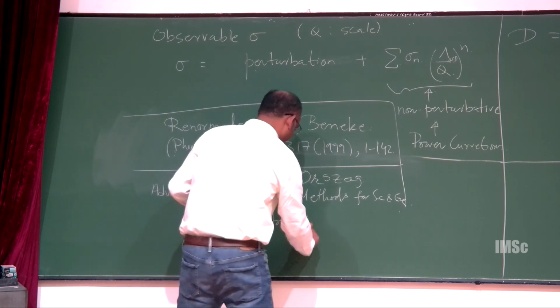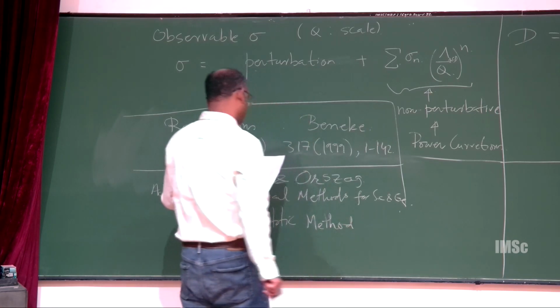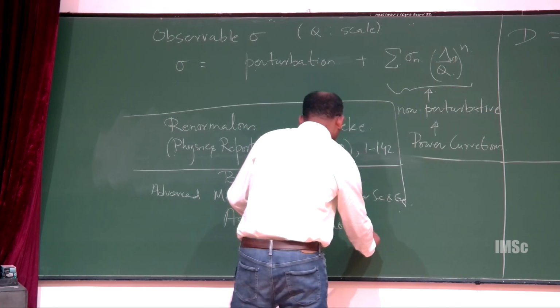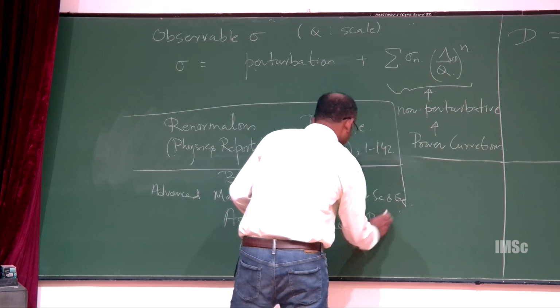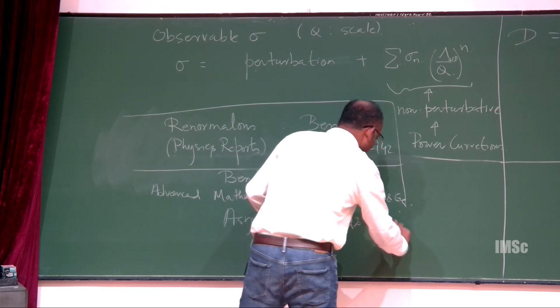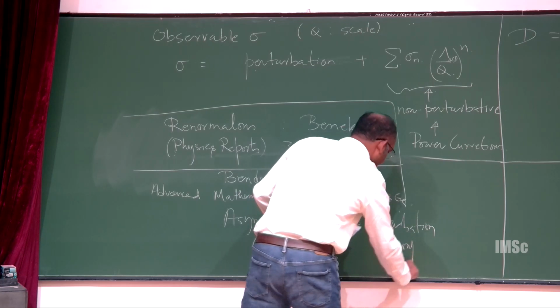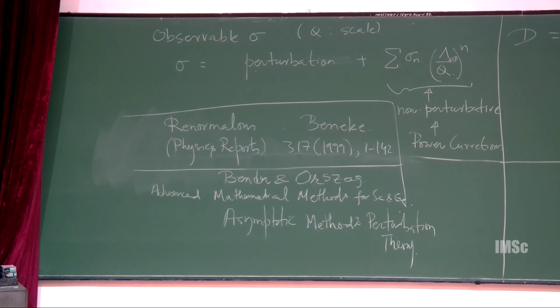So you can imagine it will have a lot of discussion on asymptotic series and related stuff, asymptotic methods and perturbation theory. Anyway, that will be a very useful reference.